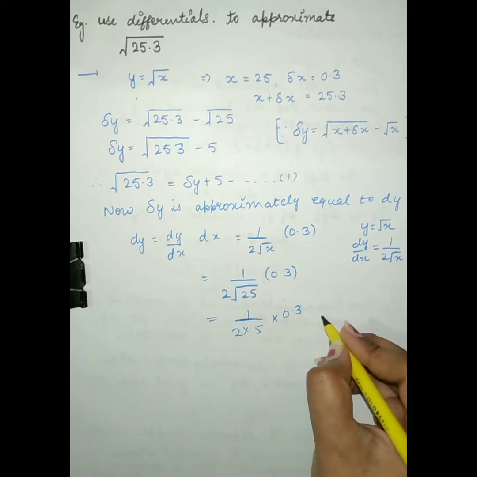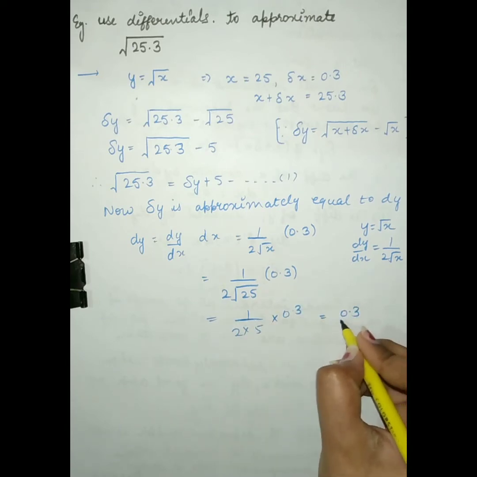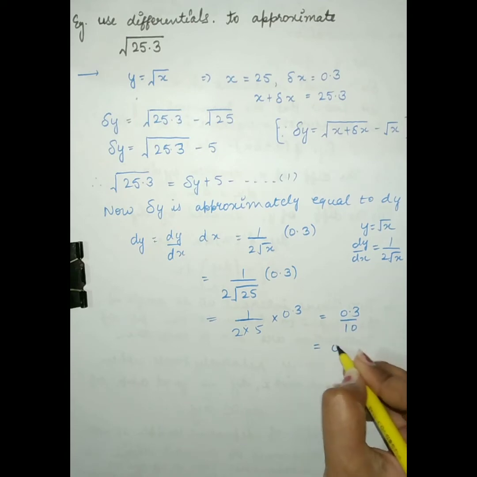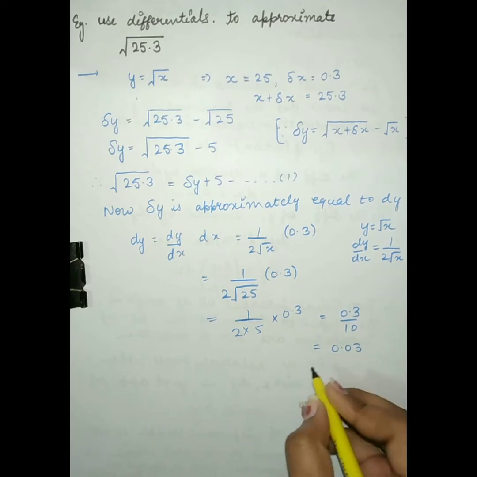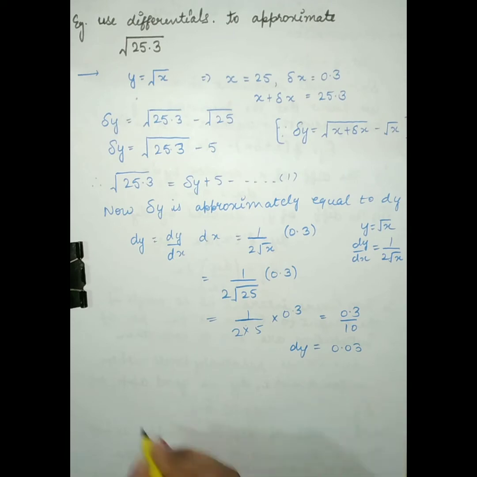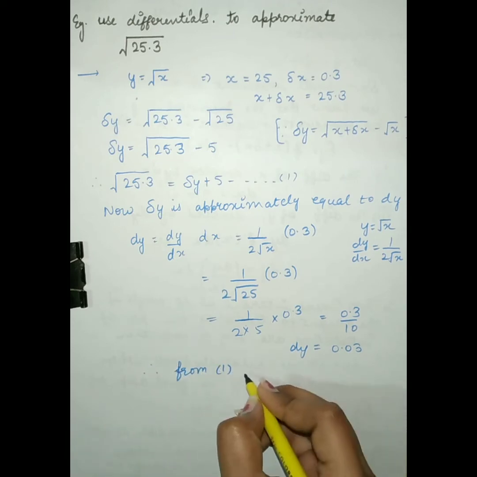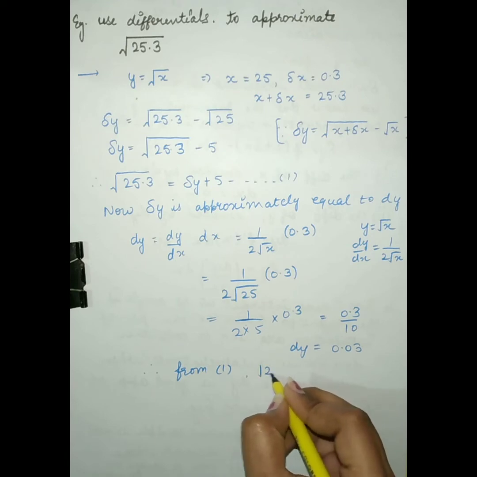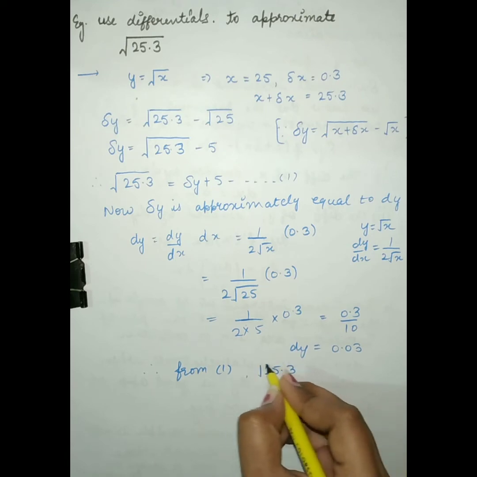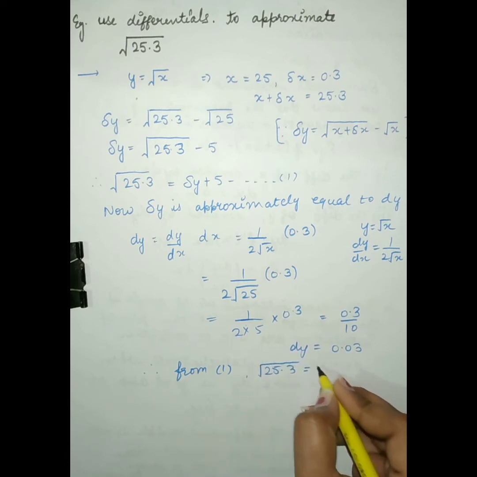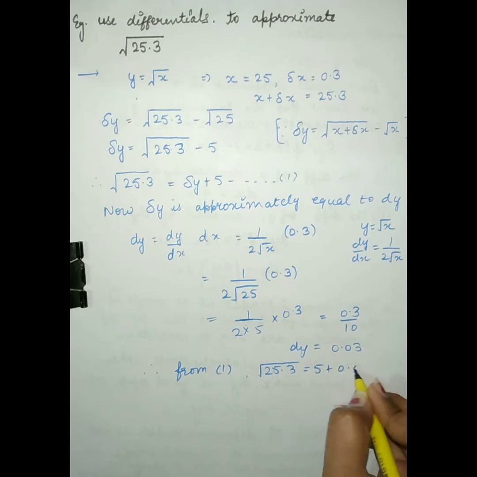That means here we get 0.3 upon 10, which is 0.03. This will be equal to dy. Now from equation number 1, we get root of 25.3 equals 5 plus 0.03.